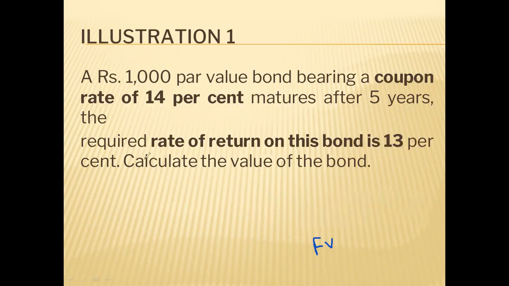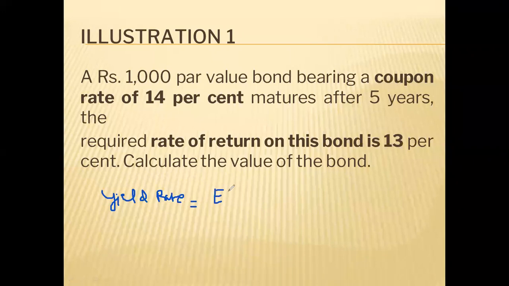Next, more important is what is yield rate. Yield rate is the general market expectation. It is the expected rate of return. Understand the difference? Yield rate is the expected rate of return by the investors.